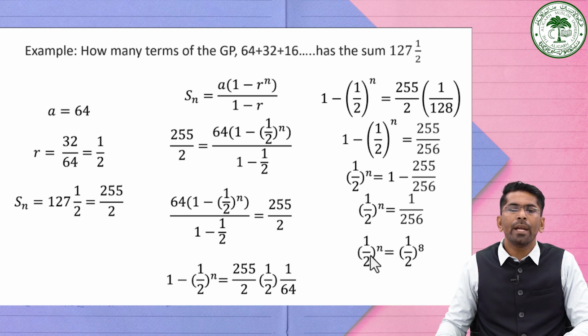See here, 1 by 2 raised to the power n is equal to 1 by 2 raised to the power 8. Since we have a common base 1 by 2, n is equal to 8. So for 127 1 by 2, there are 8 terms in the given series.